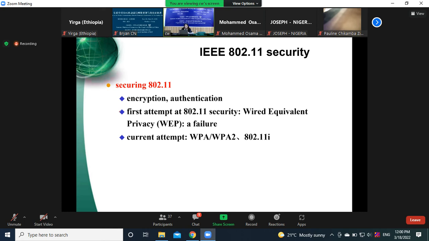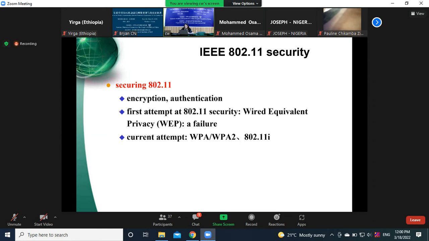So in this way, security is more important in the mobile network than in the wired network. For example, IEEE 802.11 Wi-Fi network security.